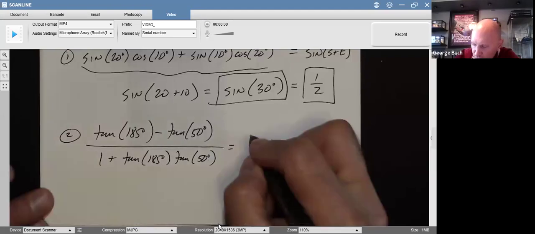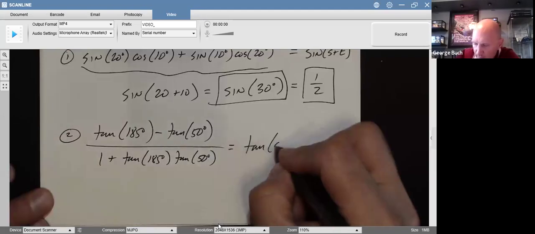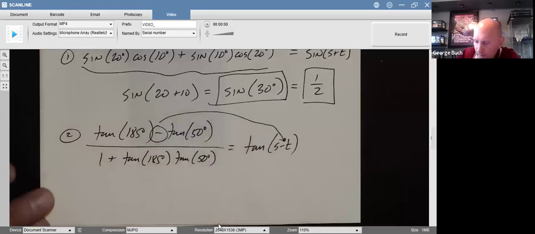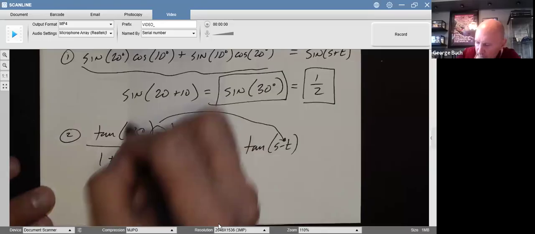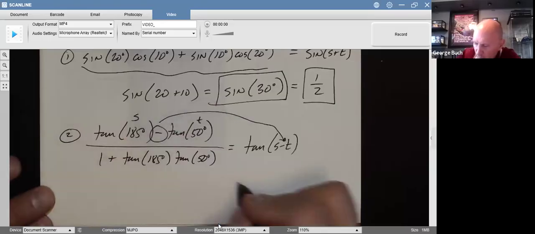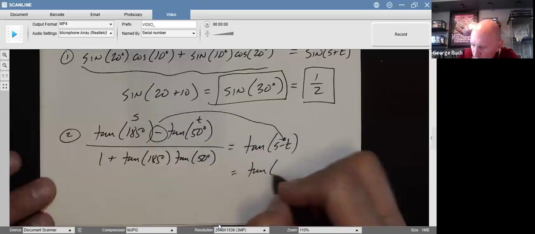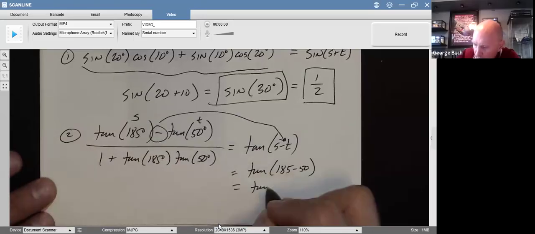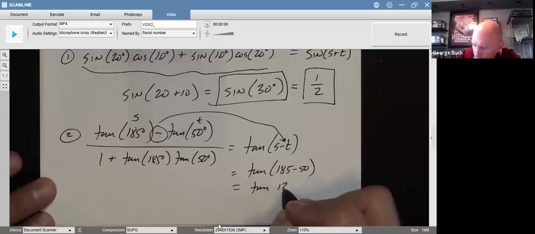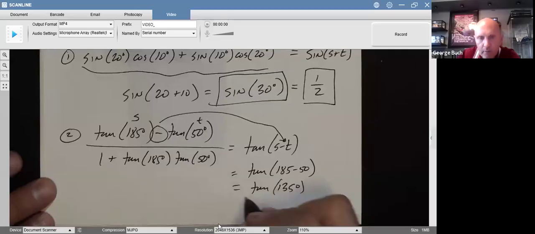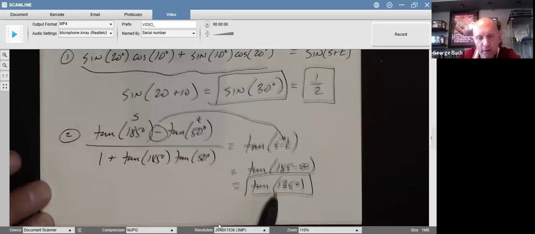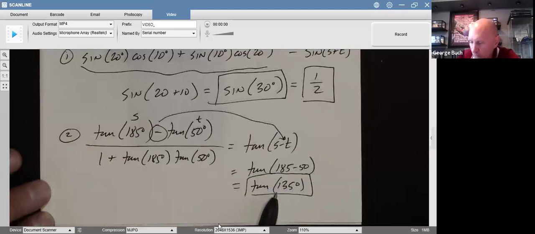That's, of course, our tangent of s minus t, because this minus on top tells me what is in the formula. So if this is my s and this is my t, this is the same thing as asking what is tangent of 185 minus 50, or tangent of 135. So this big mess here is really just saying what's tangent of 135. And if I go to my unit circle and look at it, the answer is -1.